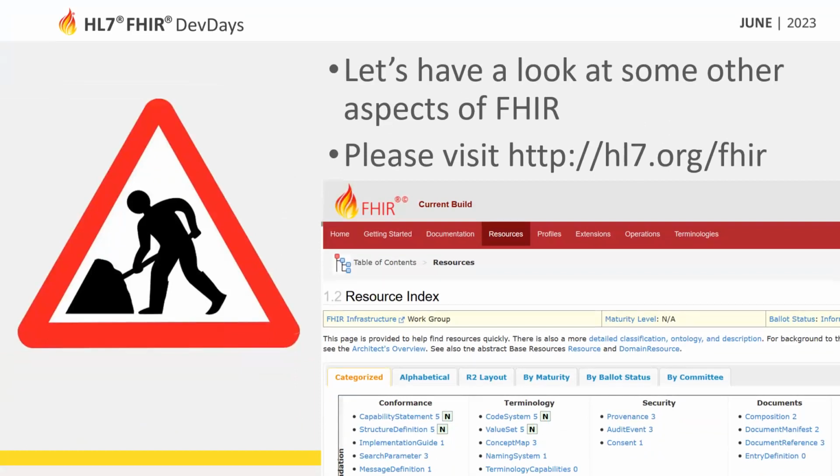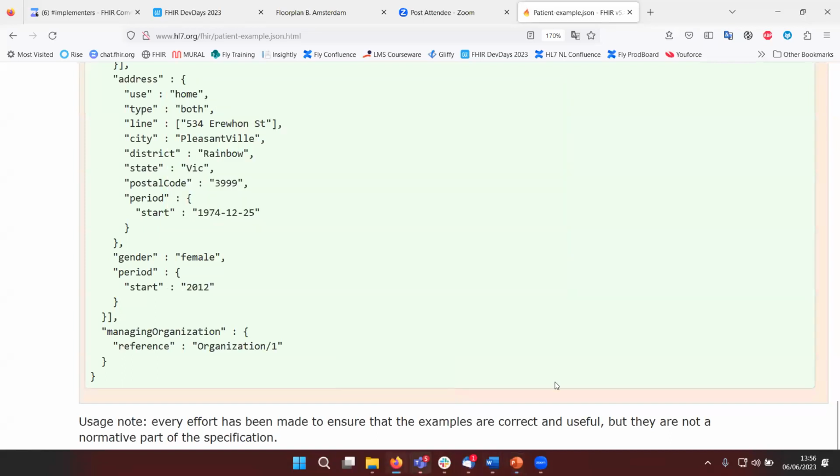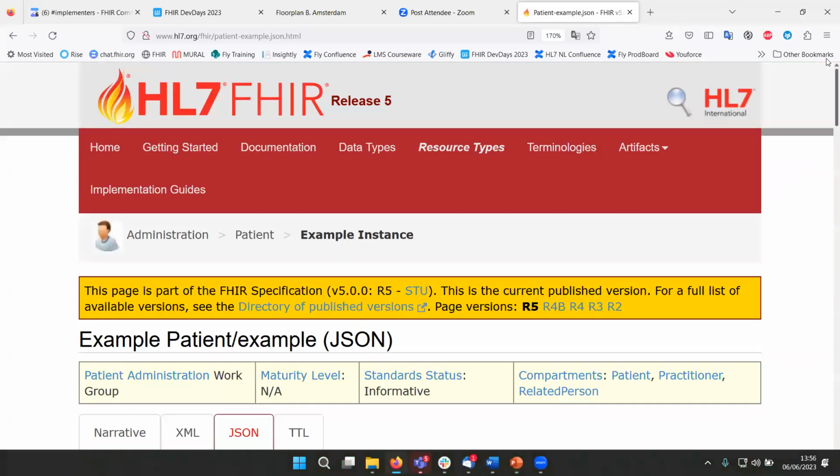So again, these few subjects that I just covered, how do these look like in the spec? Let's have a look at that. Okay. So what I'm going to do is actually look at an implementation guide. And again, those can be found under the implementation guides link.